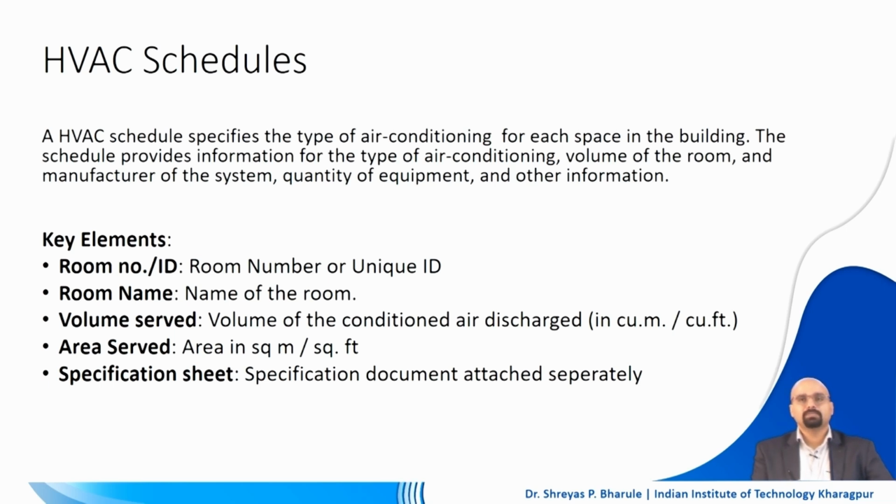Usually when we are doing say a commercial building, we are developing a commercial building or a building which will have centralized air conditioning, right. So in several cases architect's office hires a HVAC consultant.